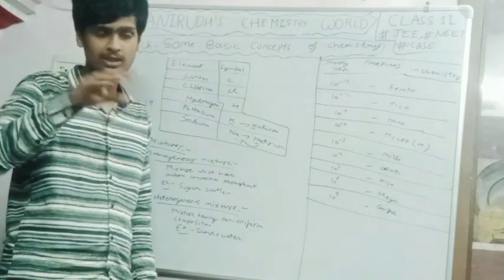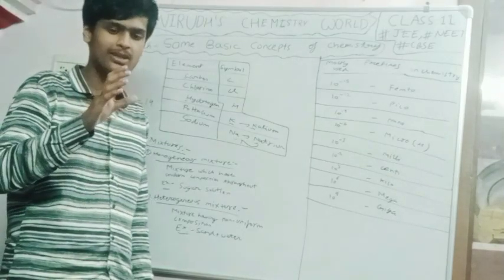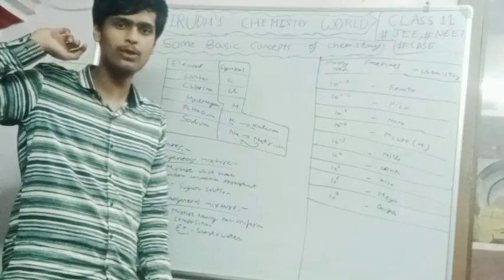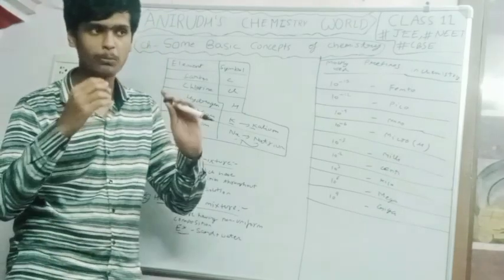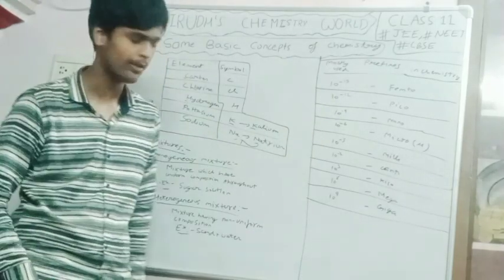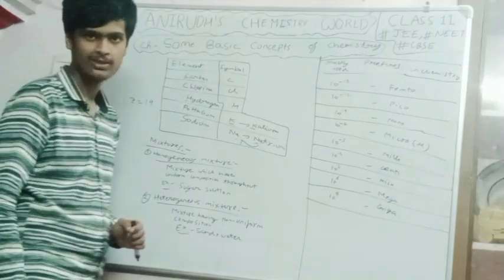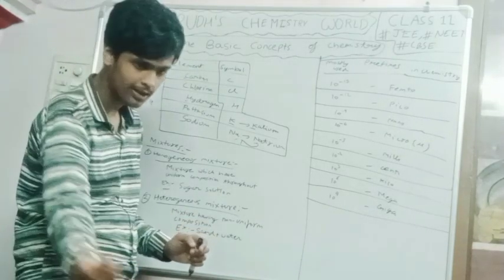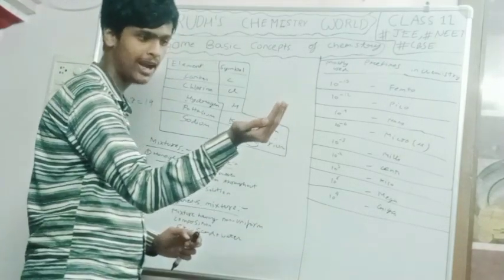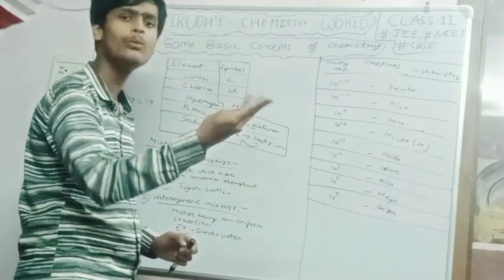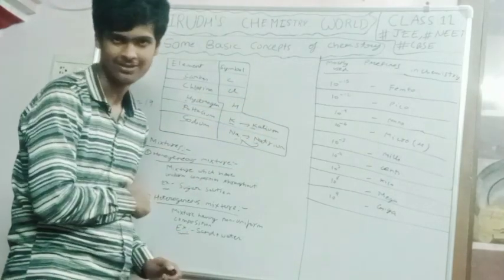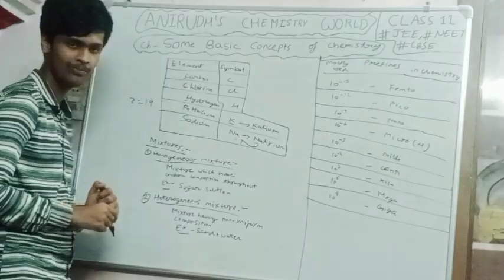If you mix the sugar in this water, you'll see very clearly that it will be like water only. You will not be able to differentiate between them. There's no difference. Even if you take it in your hand, it will have uniform composition. That's what the meaning is.